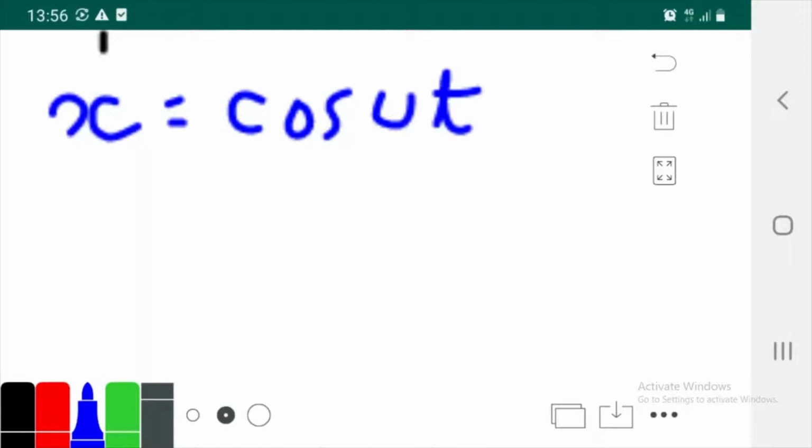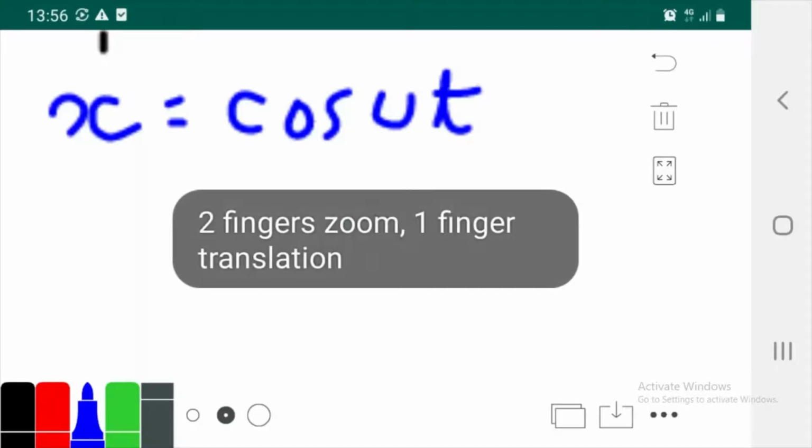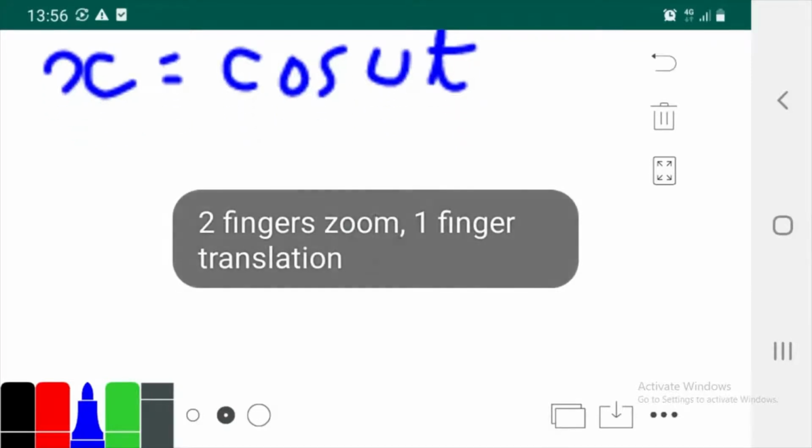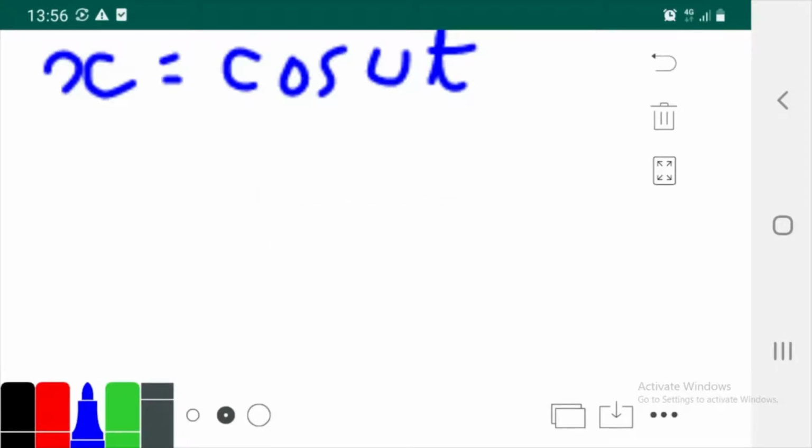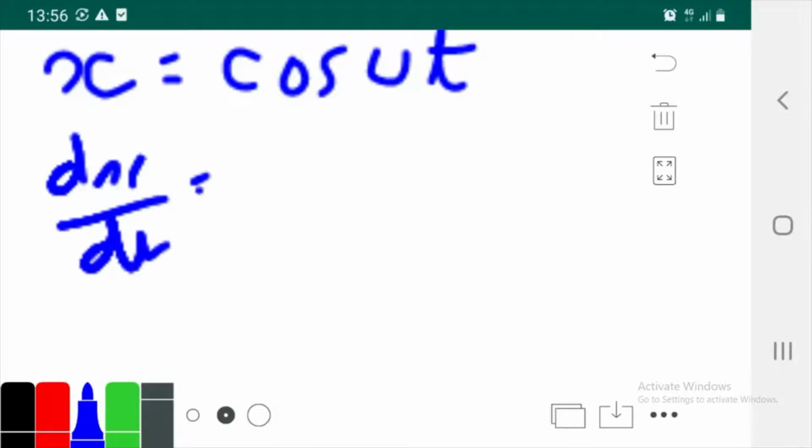Now, what can I do next? Well, if you've done A-level maths, you should know that if I take the derivative of position with respect to time, dx over dt, this actually equals velocity. So I can calculate the velocity of the pendulum at any position.